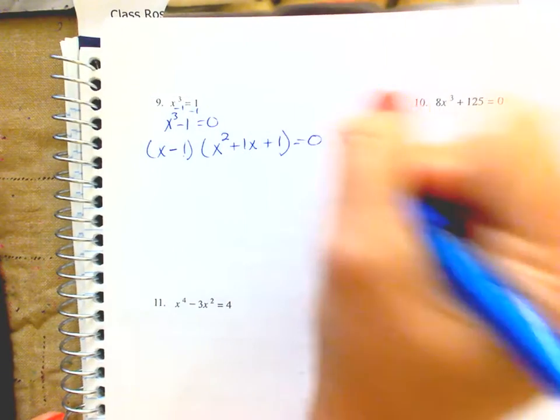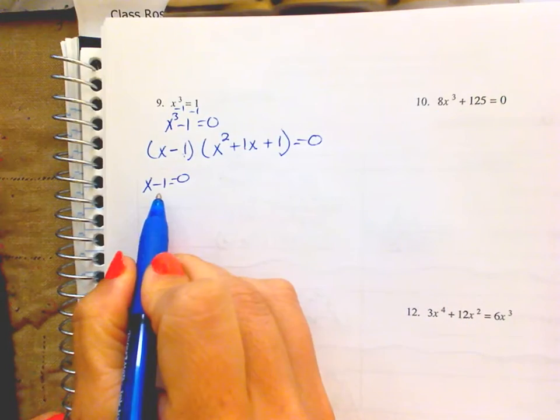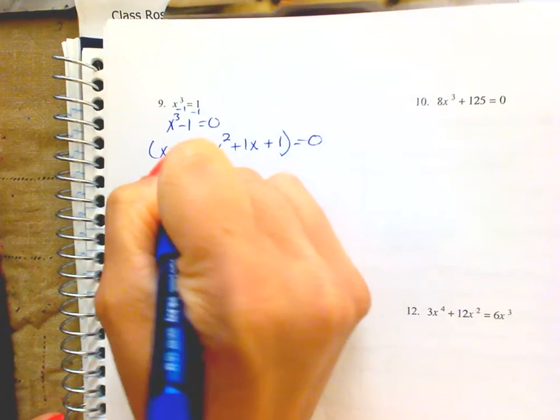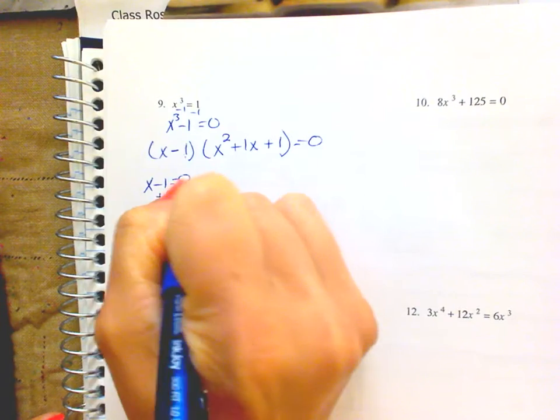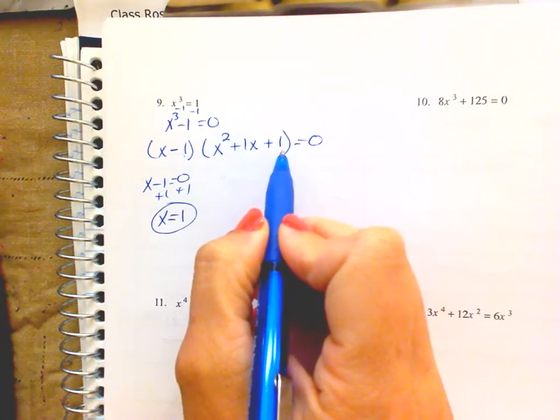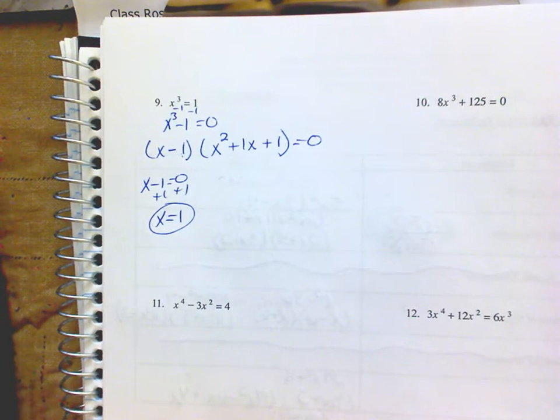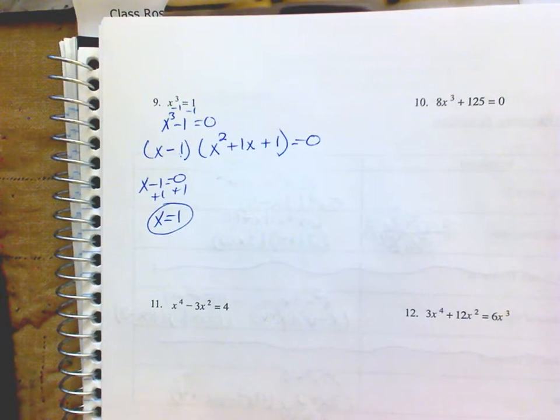You're going to set both of these equal to 0. Well, you're going to set this one equal to 0, add 1 to both sides, and we get x equals 1. That's your real solution. For factoring this one, it doesn't factor. We've mentioned that before. So you can plug it into your quadratic formula program to get your solutions.